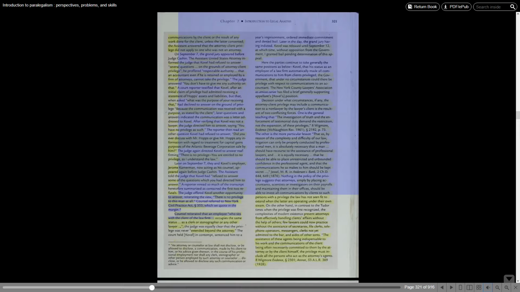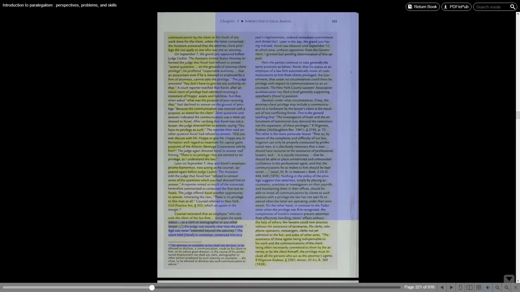Counsel referred to New York Civil Practice Act 353, which we quote in the margin. Counsel reiterated that an employee who sits with the client of the law firm occupies the same status as a clerk or stenographer or any other lawyer. The judge was equally clear that the privilege was never extended beyond the attorney.